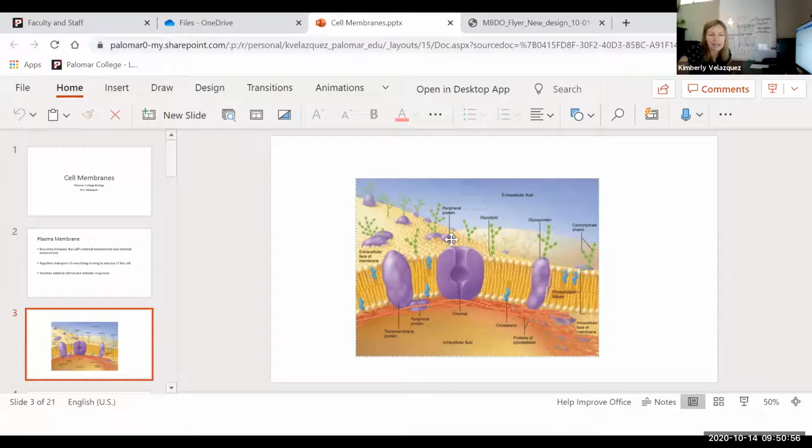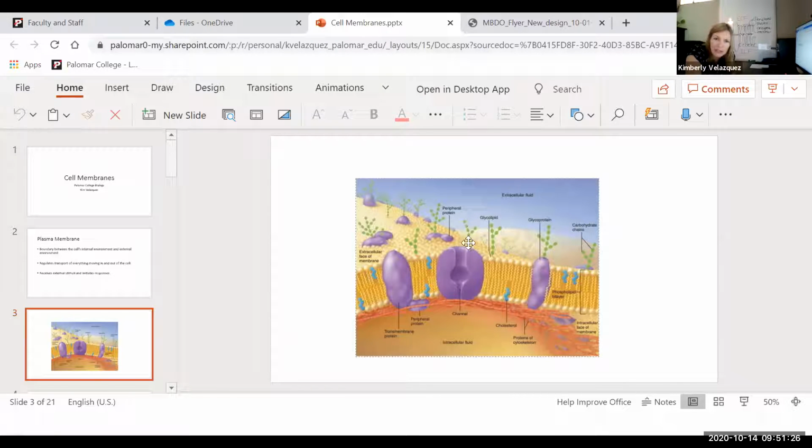Okay, and then you see attached to some of these proteins, we have these carbohydrate chains. And these carbohydrate chains are very, very important to the cell because these are how the cell recognizes self. Cell recognition is carried out by these, they're called either glycoproteins or glycolipids, depending on if that carbohydrate chain is attached to a lipid or if it's attached to a protein.